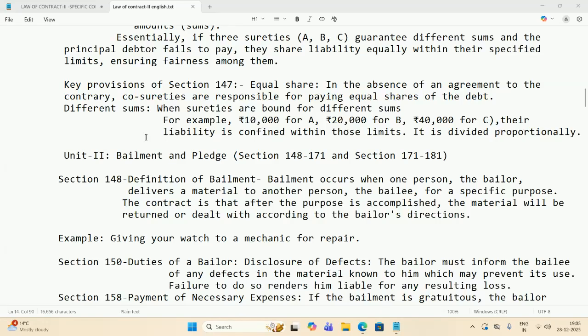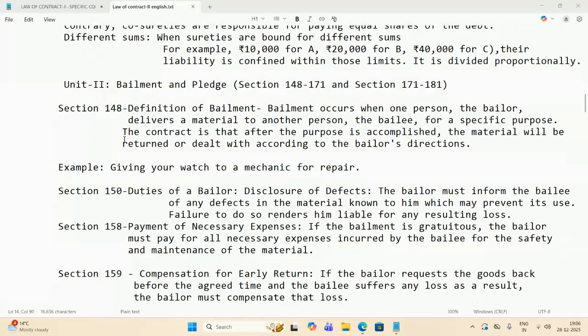Bailment and pledge. Bailment is covered under section 148 to 171 and pledge is covered under sections 171 to 181. Now, what is the definition of bailment? It is given under section 148. Bailment occurs when one person, called bailer, delivers a material to another person called the bailee for a specific purpose.